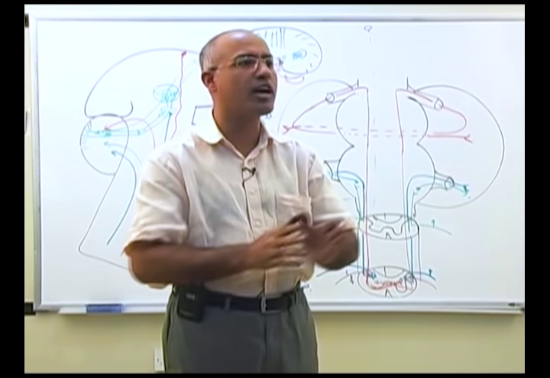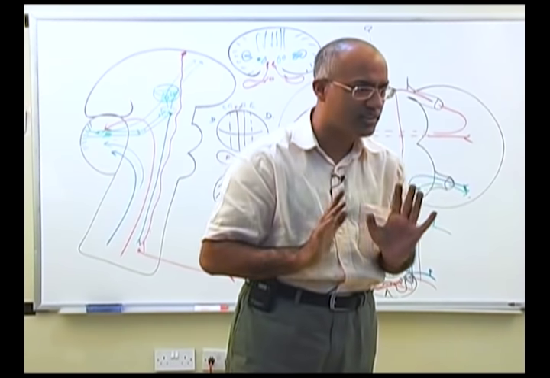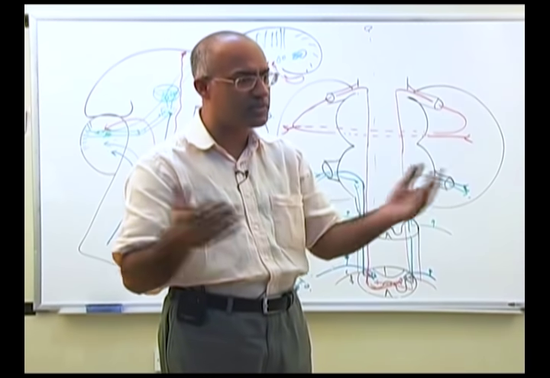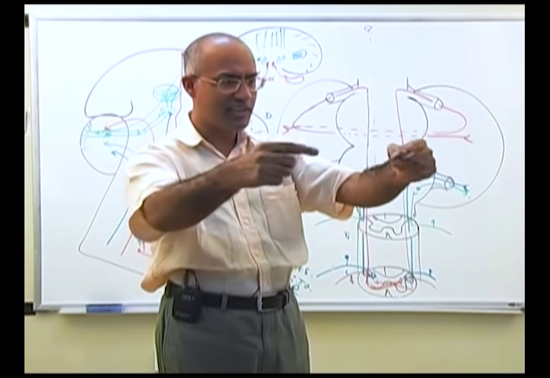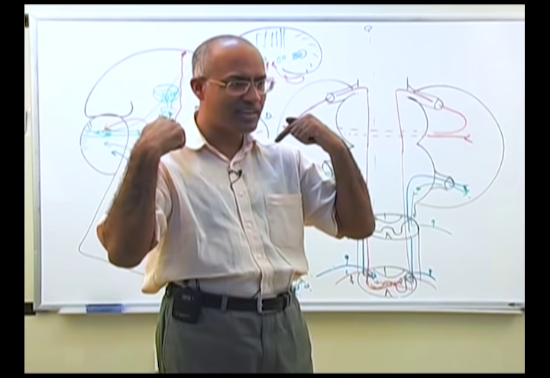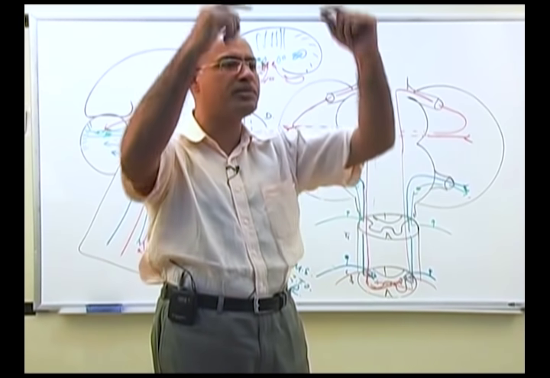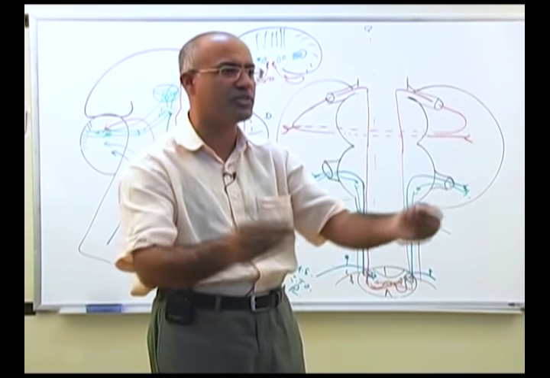Deep nuclei give their output to the brainstem and final destination. Done? Then the next step is the vestibulocerebellar pathway. It's so easy. Vestibular apparatus goes to the flocculonodular area, right? Coming back into the vestibular apparatus, going down as vestibulospinal, going up as medial longitudinal fasciculus, influencing the third, fourth, and sixth nerves. Done?